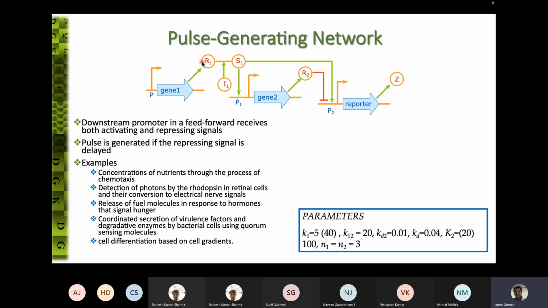Now, what really happens is that this first part that is giving you a signal, this R1, is also linked to another component which will bind to this. So this R1 gives you, and there is a subsequent breakup or a change in this to give you an S1.